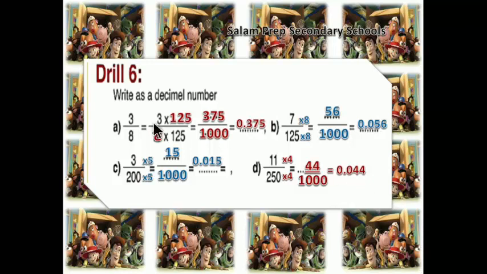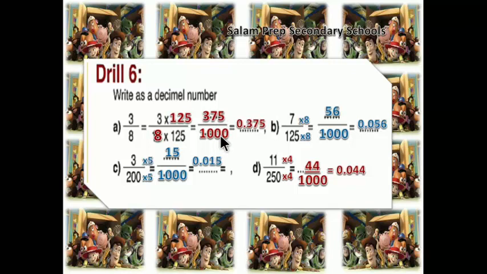Drill 6. Write as a decimal number. 3 over 8. This is a proper fraction. 8 and 125 are friends, okay? 8 times 125 equal 1000. 3 times 125 equal 375.